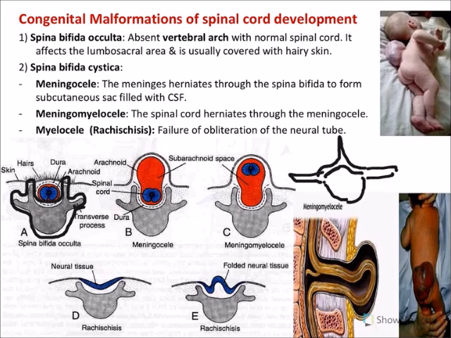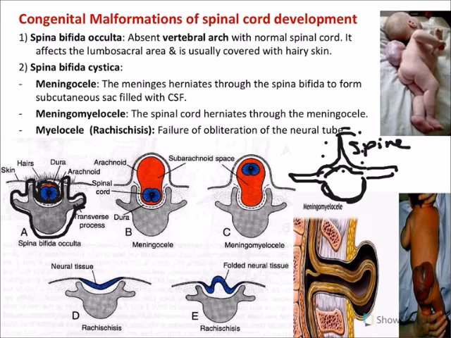These are the transverse processes, here is the body of the vertebra, and this is the spine of the vertebra. If this part fails to develop, this results in spina bifida. This part is the spinal cord, and there are types of spina bifida.